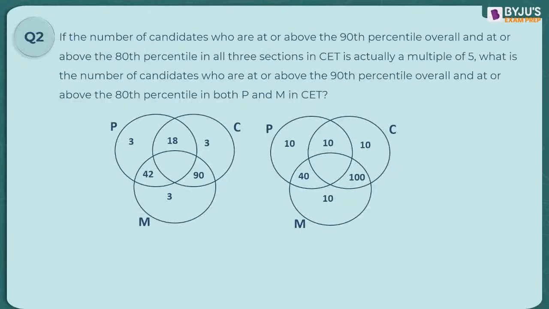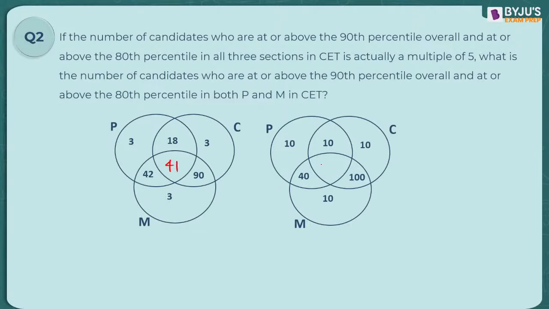Okay, next question is, if the number of candidates who are at or above 90th percentile overall, so all these candidates are at or above 90th percentile overall, okay, and it is saying that they should be, so we'll have, what were the values here?